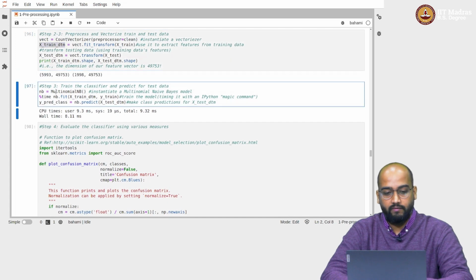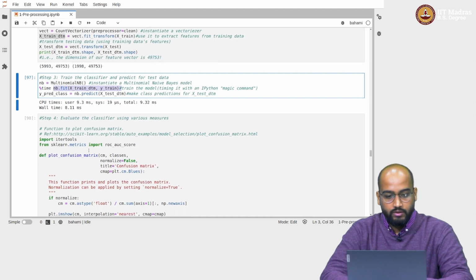So here you have picked a model like multinomial naive Bayes, and you have just trained a model. The nb.fit is the syntax used for training a model. And for prediction, it is more or less the same. Once you have trained a model, you feed it the text representation of the test set, and using that, you can make the predictions.